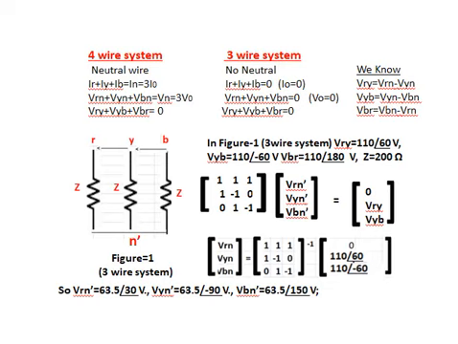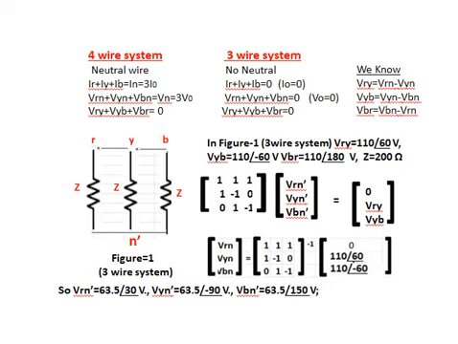One third of the neutral current is I0, the zero sequence current, or IN is equal to 3 times the zero sequence current. VRN plus VYN plus VBN equals VN, that is equal to 3 V0. VRY plus VYB plus VBR equals 0. That is, the phase-to-phase voltage sum equals 0.